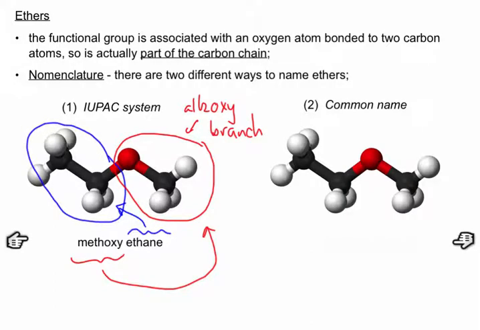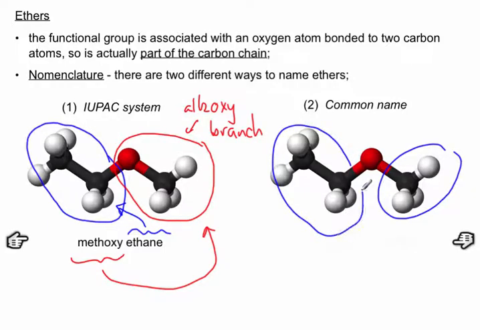The second way is a common name, and a common name simply takes all the branches. So that's a methyl branch and an ethyl branch, and adds the name ether because that is an ether functional group. So the name is a little simpler when you put it together alphabetically. Ethyl comes first, methyl comes second, and then you have ether. So ethyl methyl ether. That's the common name.